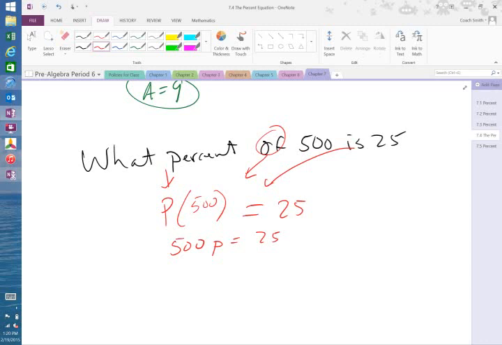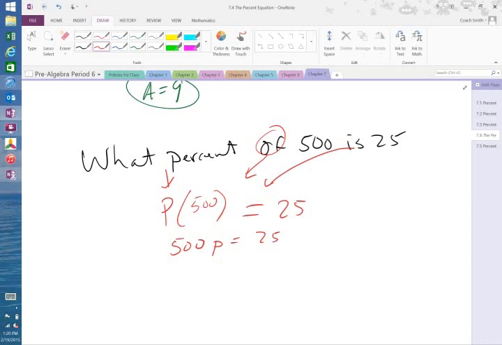Okay? Now, how do we solve that? I got it. Okay. No. I got something different. Well, then you don't have the answer. P equal 500? P equal 500 times 25, and then I did 500. No, you can't do that. That's not what that says.